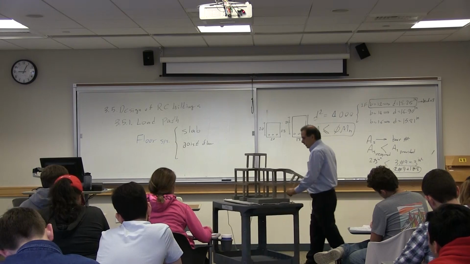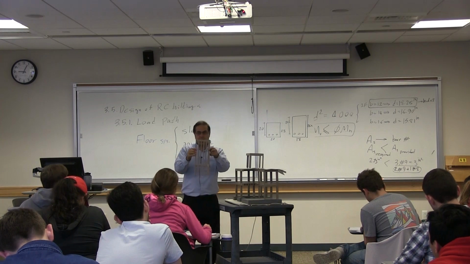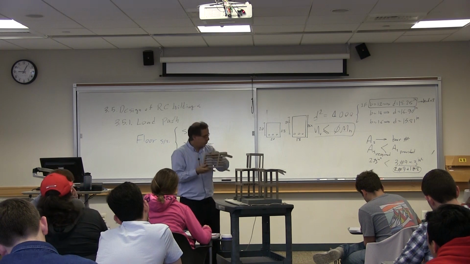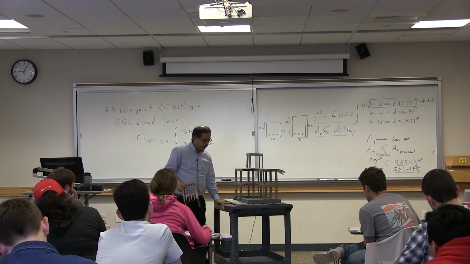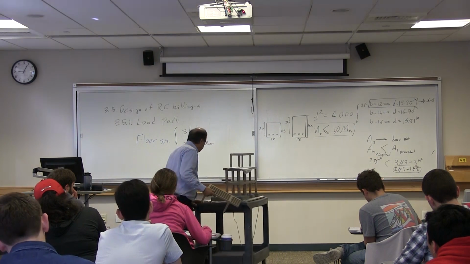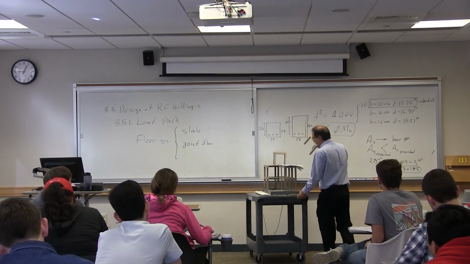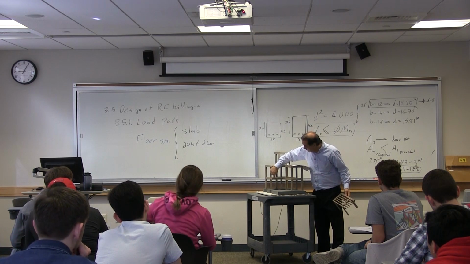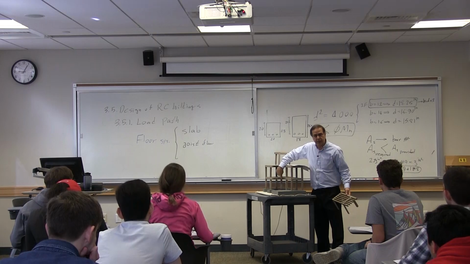For instance, in this case, this is the joist without the slab. Obviously, this cannot be the floor. Floor needs to be covered. So we cover the joist with the slab. If you look at this portion of the slab, you can see that the slab is on top of beams and supported by these joists.